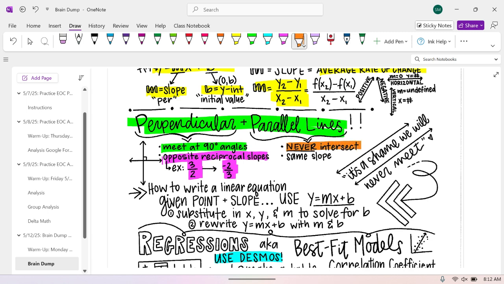Parallel lines, they never intersect, and they have the same slope. I can guarantee you'll be asked at least 3 to 5 questions on perpendicular parallel lines alone.